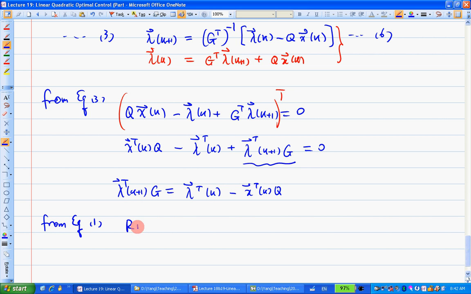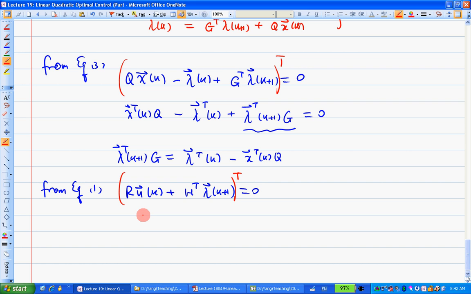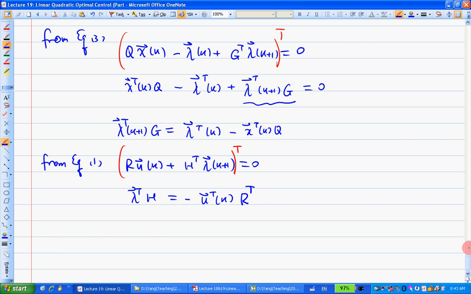So from equation 1, take a transpose of this, and we get lambda transpose H equal to negative U transpose R transpose. Well, same thing, R is also a matrix.